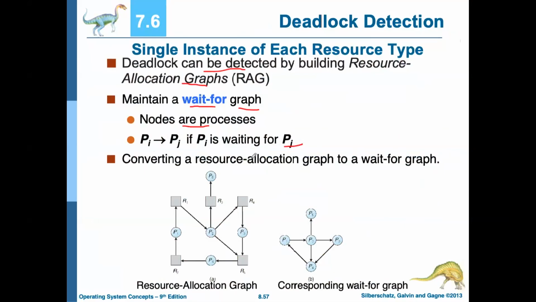Converting a resource allocation graph to a wait-for graph. So this is the example, from the resource allocation graph to the corresponding wait-for graph.